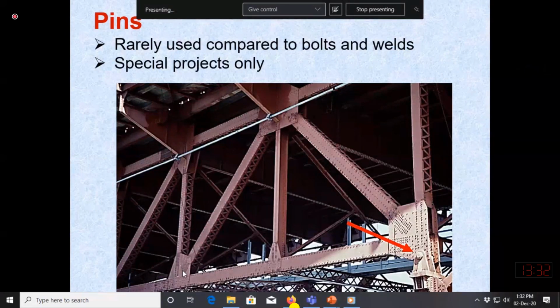So our target is that, for example here, how many rivets are required to safely transfer the forces from this member to this gusset plate, and then from this gusset plate to this member.